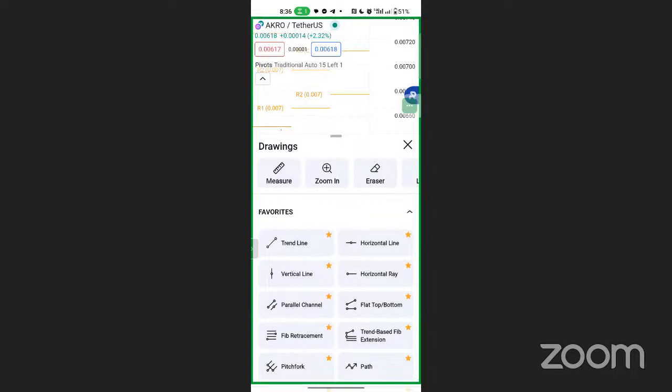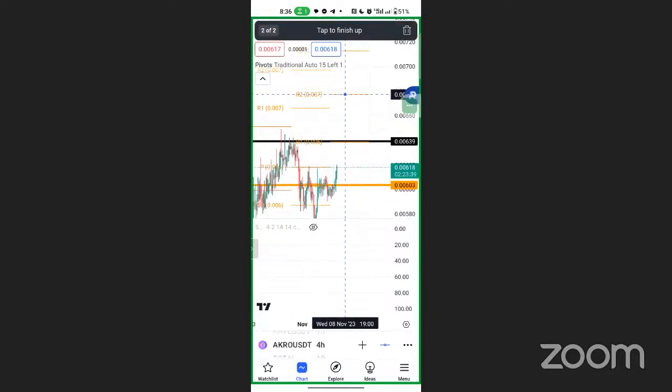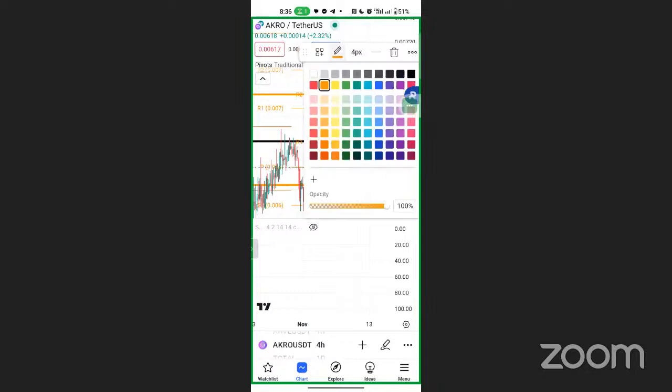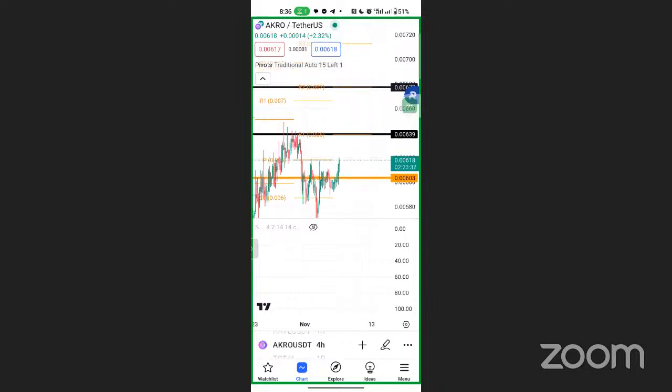Then we shall go for our resistance too. This is black. I want to discuss something.